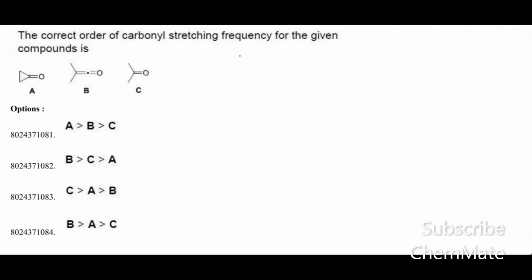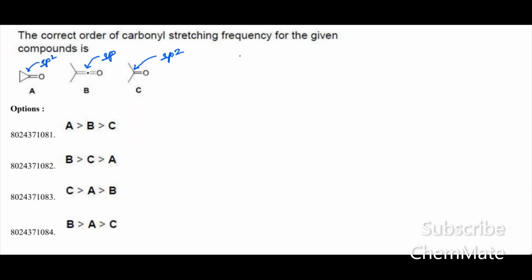The correct order of carbonyl stretching frequency of the following compounds. So we have to consider here the hybridization of this carbonyl carbon atom. So this is sp2 hybridized, and this is sp hybridized, and this is also sp2 hybridized.